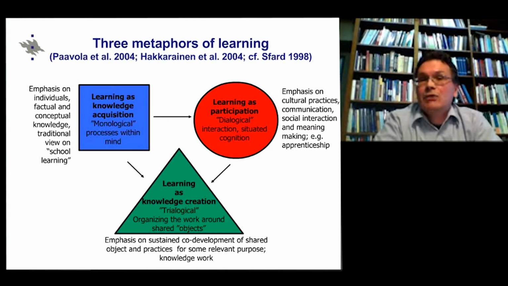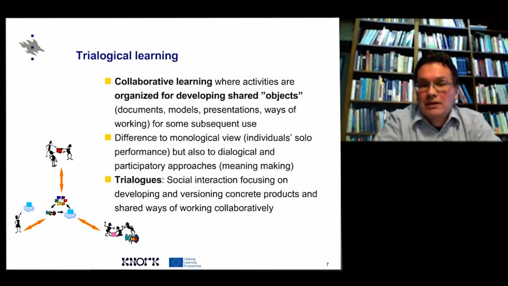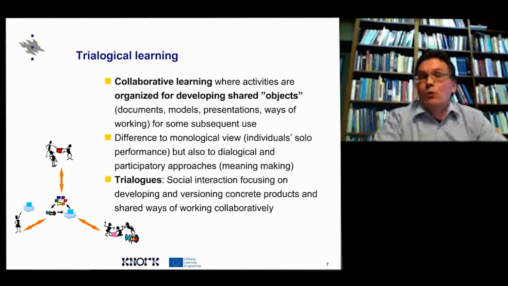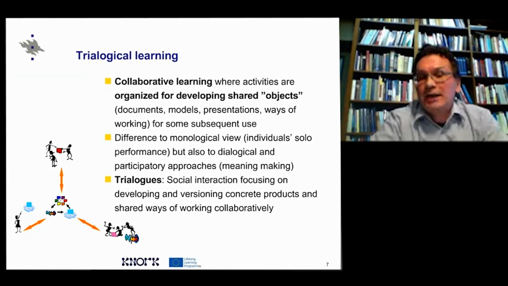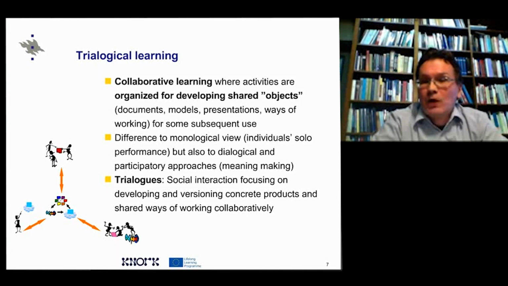These objects can be different kinds of things, like documents or models, or in simple cases also presentations, but also ways of working, because one idea is that it's not necessarily easy for people to organize their work for developing things together.